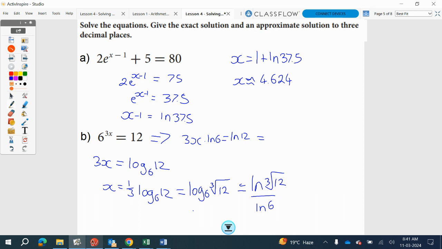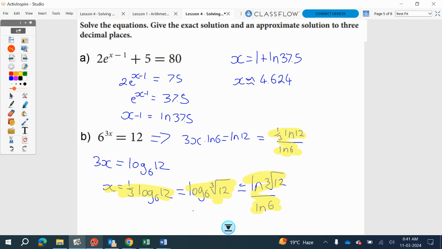And then we can rearrange this to be 1/3 ln 12 over ln 6. And then we can get to that way as well. There are multiple ways to go through the problem. When I ask for simplest possible form, I would be happy with any of these.